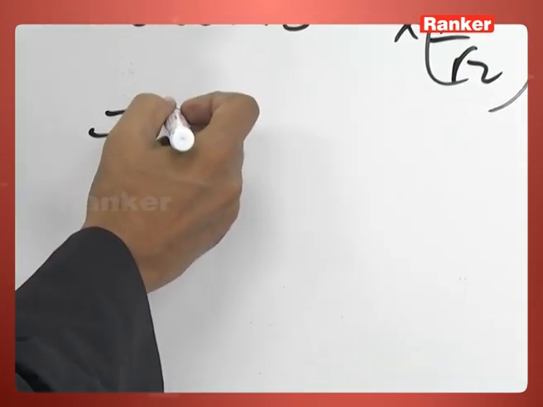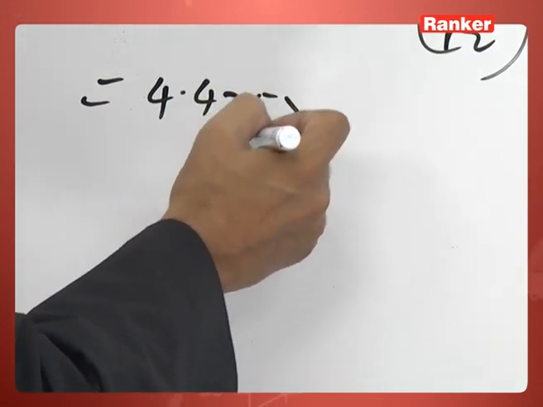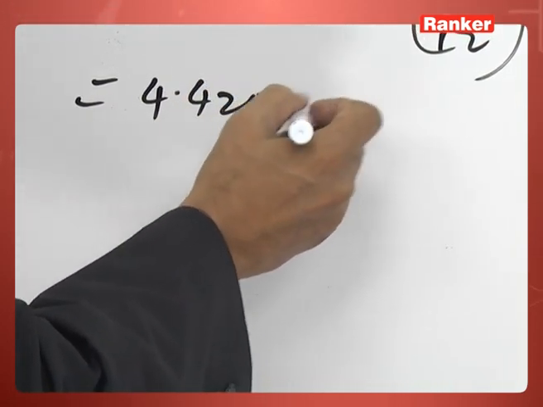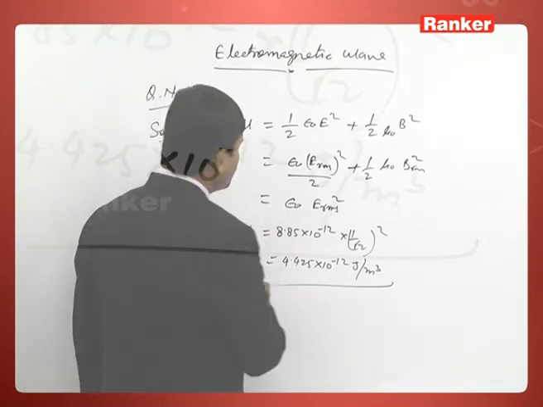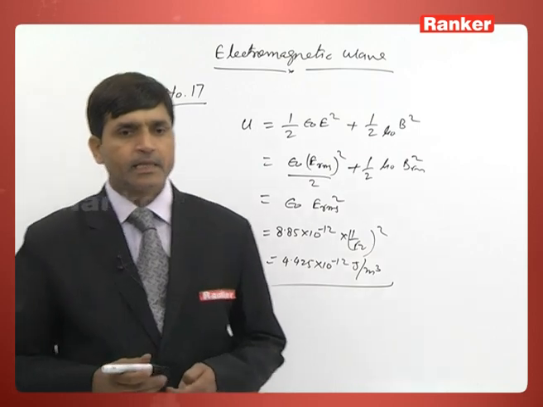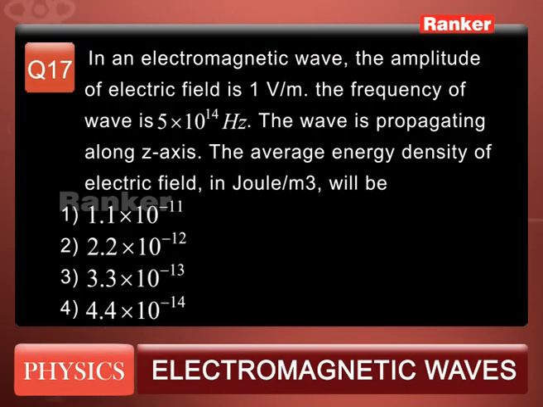So this is 4.425 into 10 to the power minus 12 joule per meter cube. This is the energy density. So our correct option here, option number 4, is the correct answer.